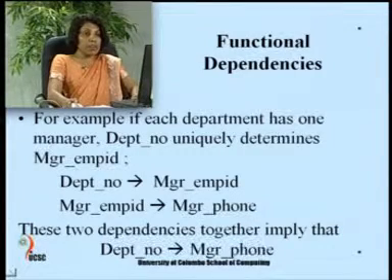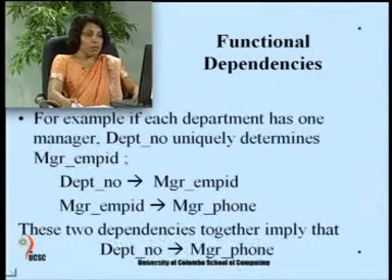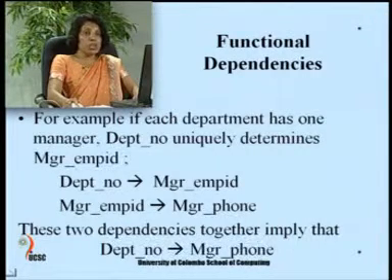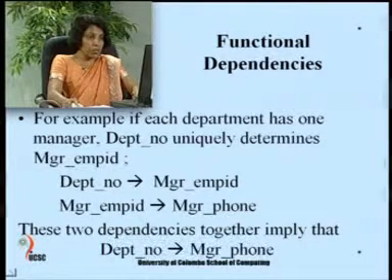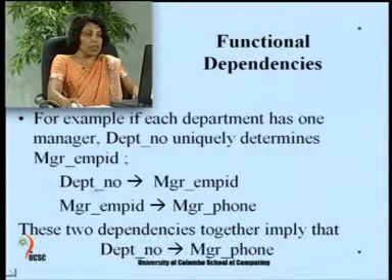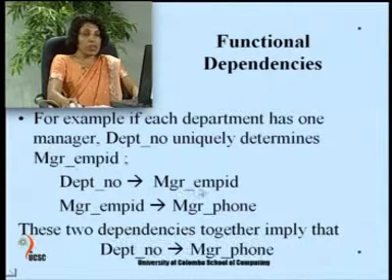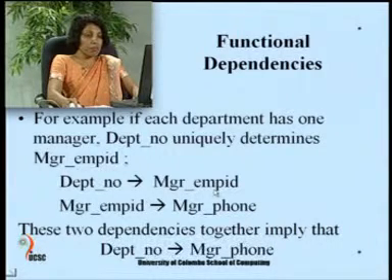For example, if each department has one manager, department number uniquely determines the manager. So we can denote it as department number is the determinant of the manager, or we can use this arrow pointing to the manager employee ID.